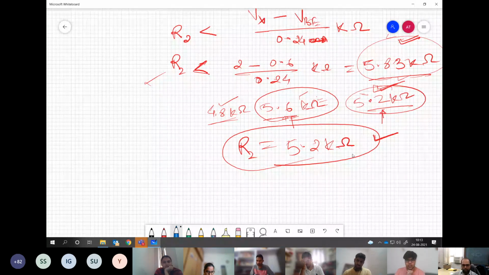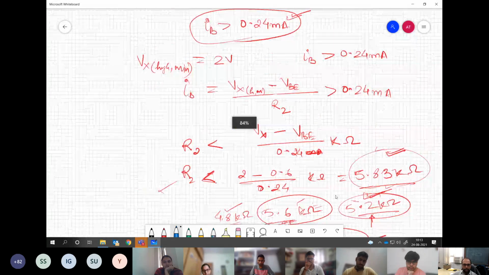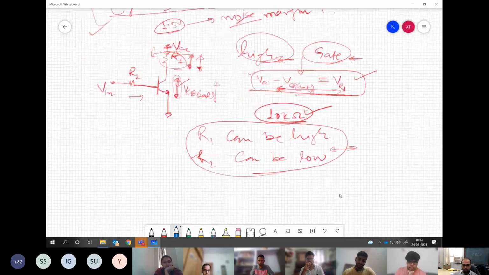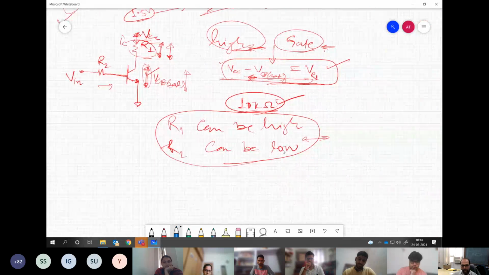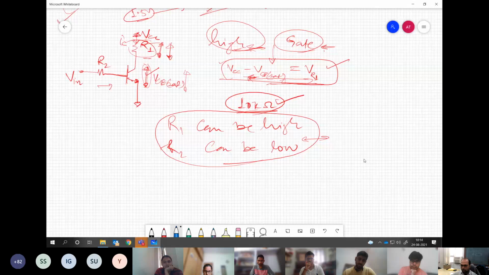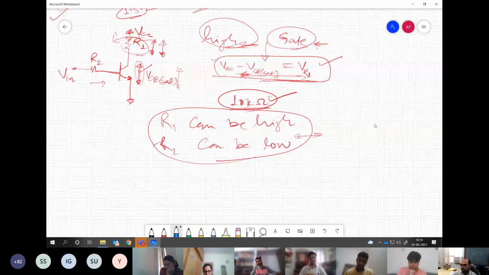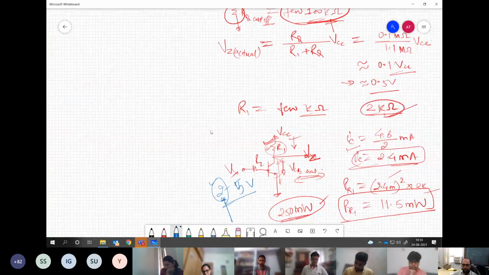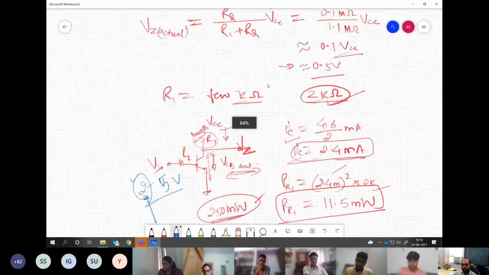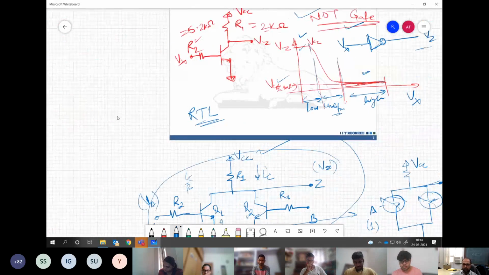So knowing how the conditions may vary and what may happen. So this was one of the assumptions we got in the beginning, that R1 should be high and R2 should be low. So we see that what looks correct may not be. Actually here R2 is high and R1 is low. So what we perceive directly may not be true always, but yes, having some idea about the circuit or the starting point is a very good thing.